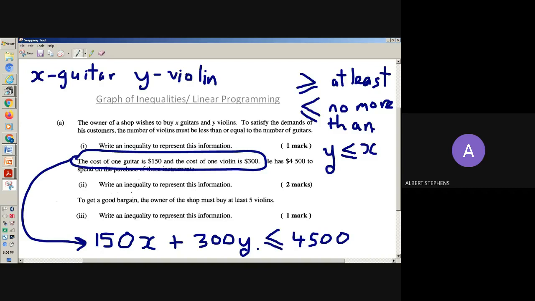It means that you're eventually going to spend some of it. So it's going to give you the 4,500, which is equal to, and it's eventually going to get smaller and smaller because you're going to spend the money. So, ladies and gentlemen, this will be the answer for part 1 actually. Write an inequality. So this is your inequality.